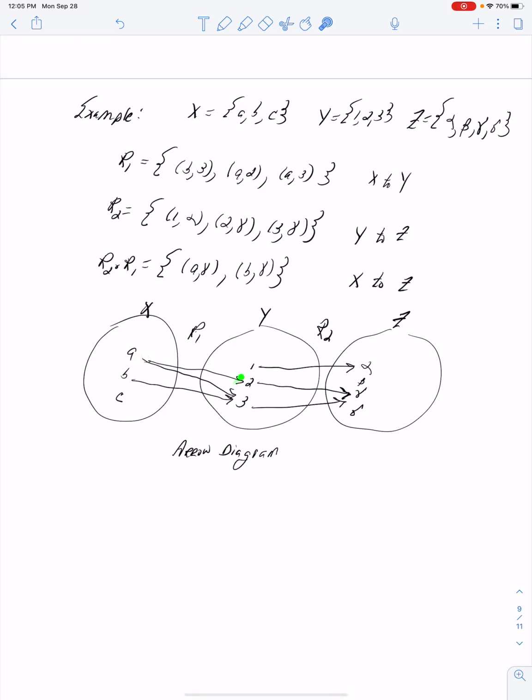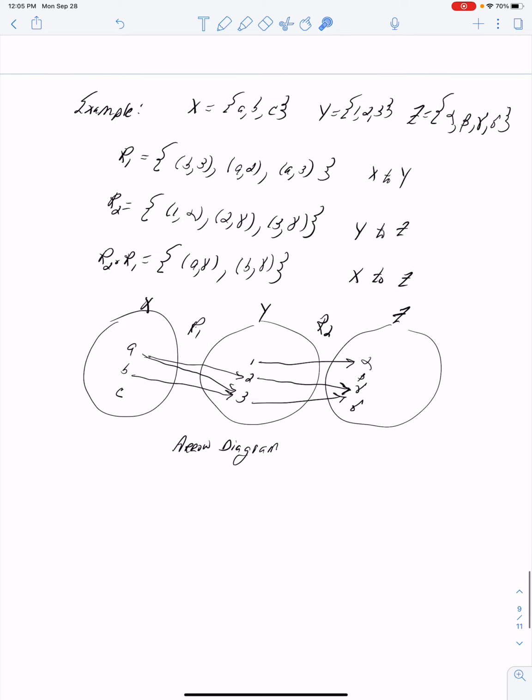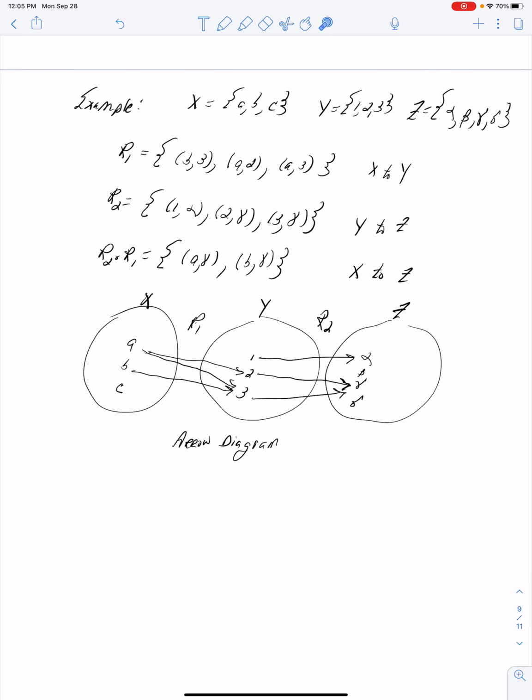A goes to 2, and also A goes to 3. Look at those ordered pairs up there. And B goes to 3. That's R1. Now what's R2? It goes from Y to Z. So R2, we chose to send 1 to alpha, 2 to gamma, and 3 to gamma. So 1 goes to alpha, 2 goes to gamma, and 3 goes to gamma.